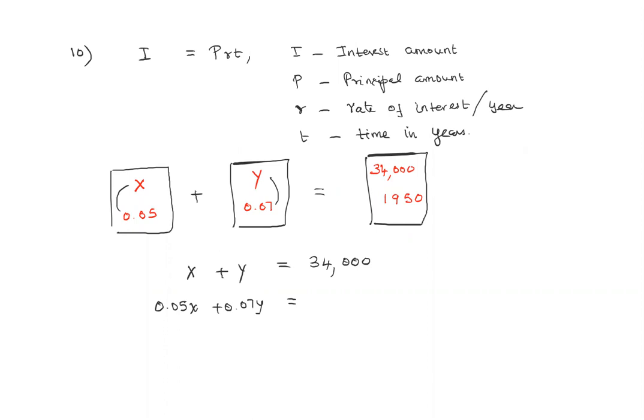So it's going to be 0.05x plus 0.07y equals 1,950. So now we can use the substitution method. That's easier. So I'm going to get the x by itself from this equation, which is x equals 34,000 minus y. Now substitute this x in the second equation.